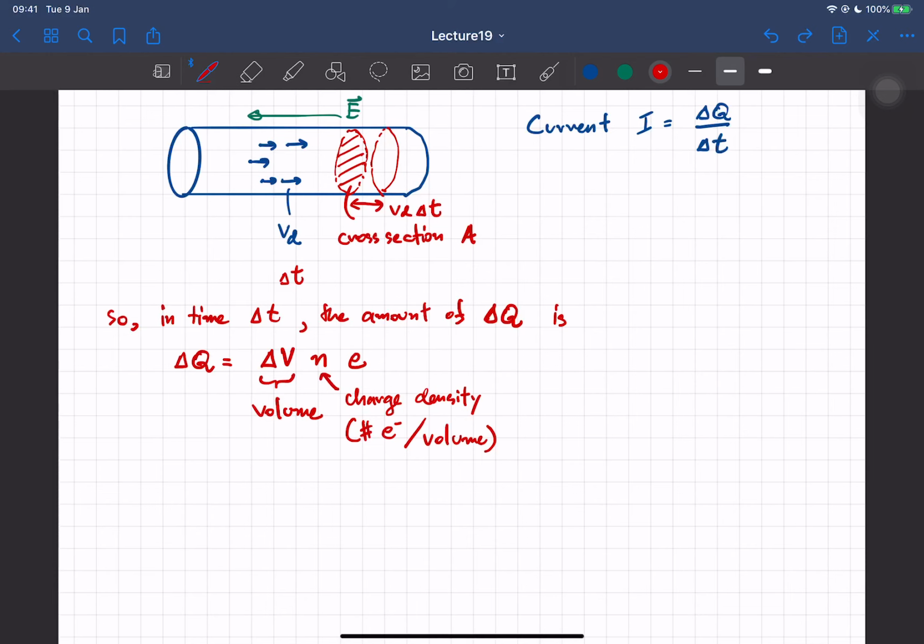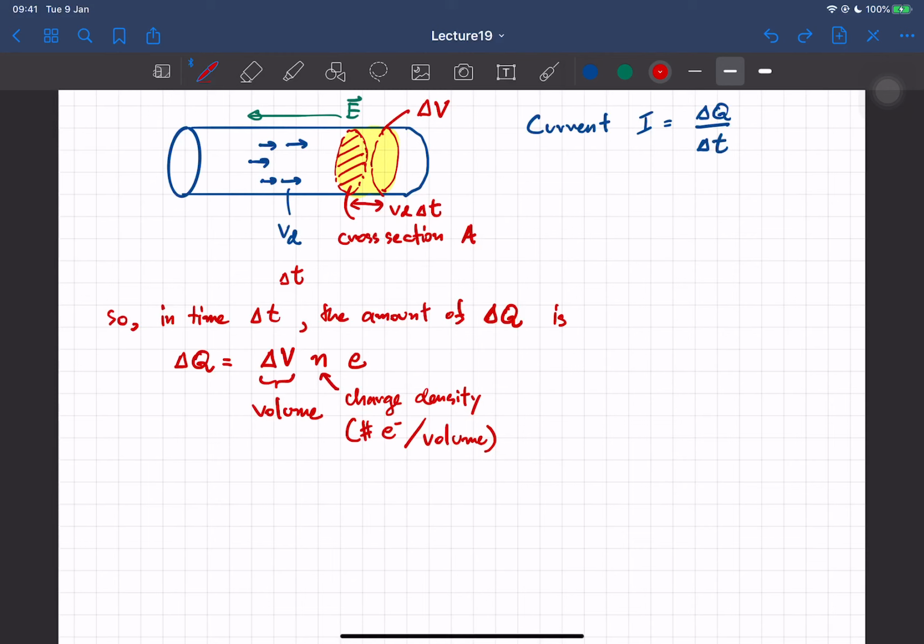This thing is delta V, which is the volume. So we know the number of electrons. How much charge? Well, just multiply by the charge of each electron, which is e here. Okay, so this is delta Q.